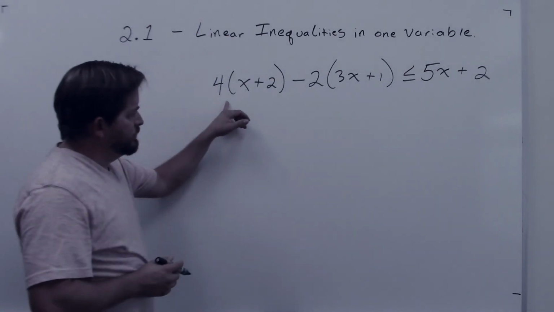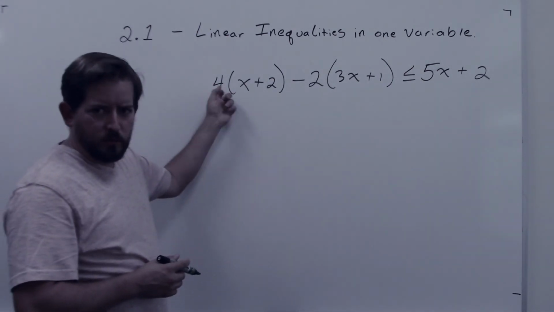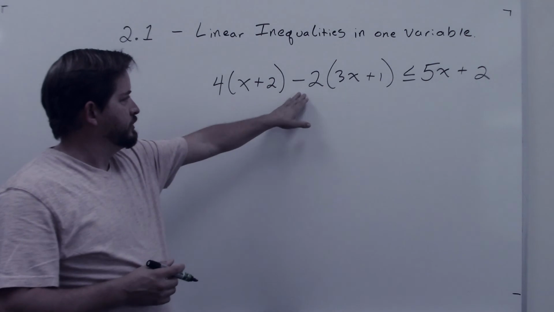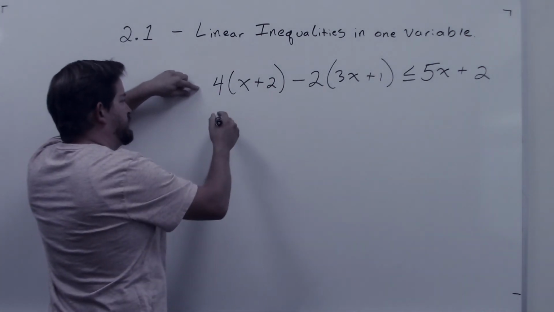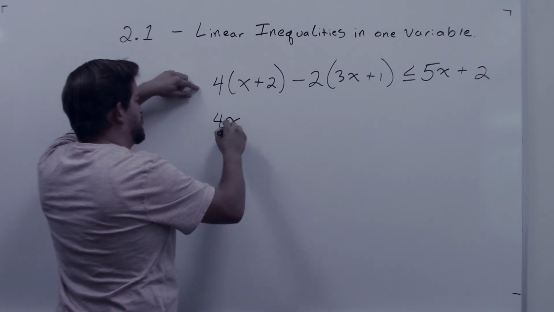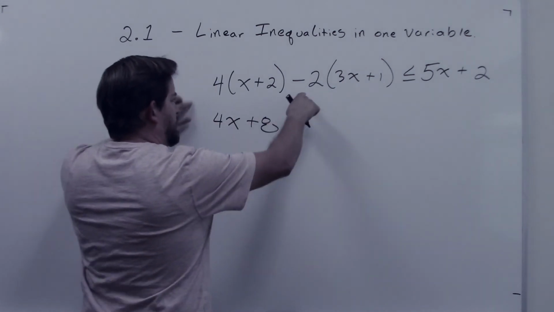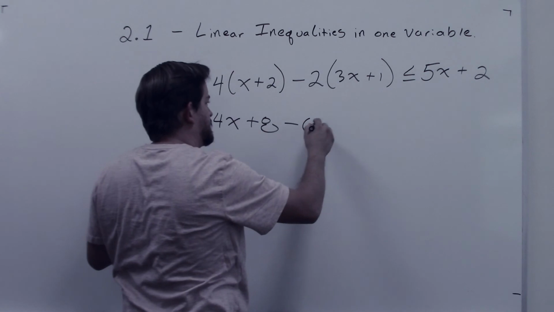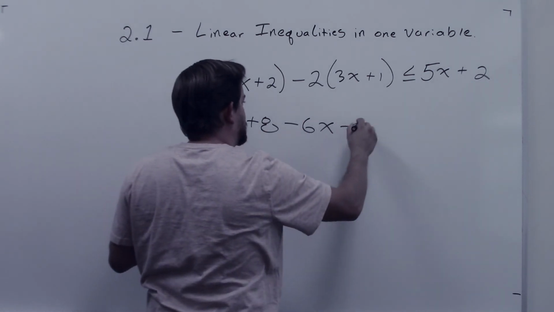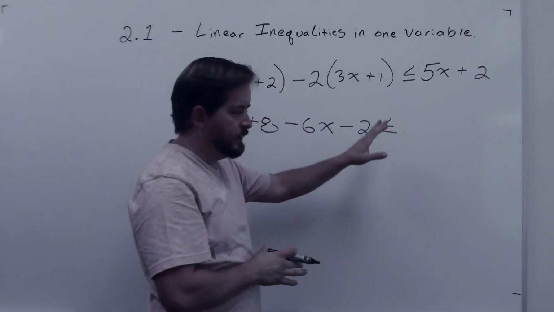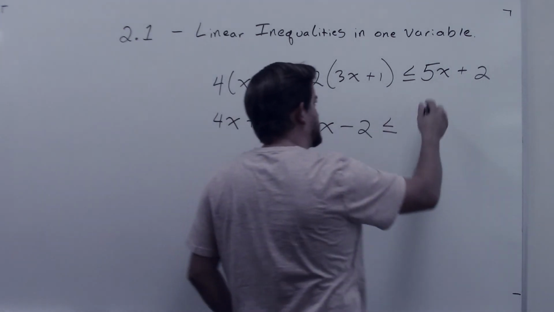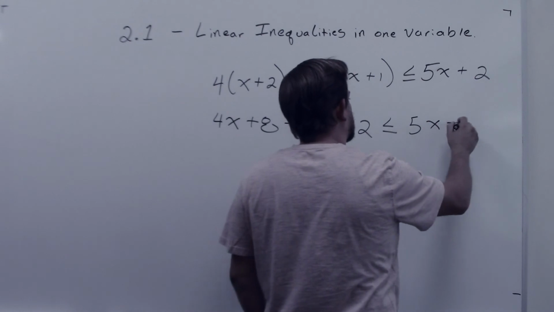So I'm going to go through the same motions. I'm going to distribute my 4 through the negative 2 and then simplify. So I get 4x plus 8 minus 6x minus 2 is less than or equal to, because I haven't done anything yet, I still have that sign, less than or equal to 5x plus 2.